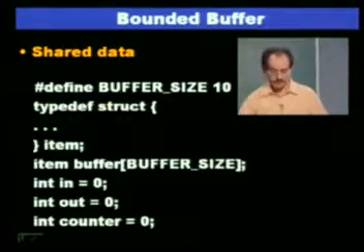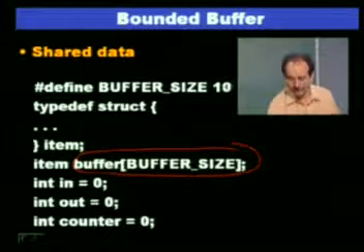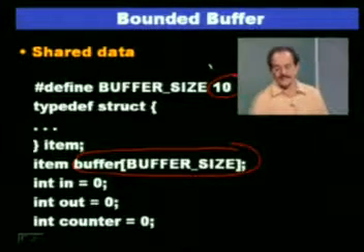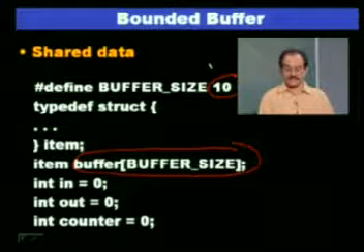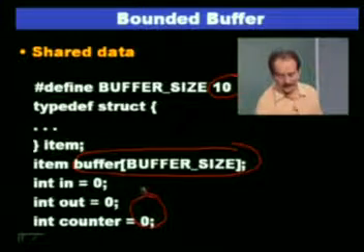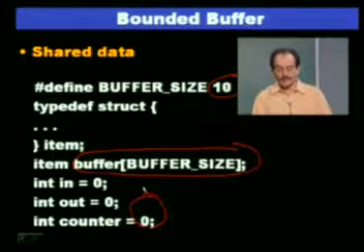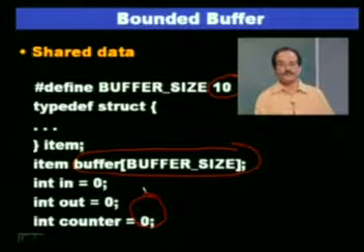Maybe this is what my bounded buffer will look like. I will have some sort of a buffer, a bounded buffer of fixed size, and I have got a counter. What is my counter doing? The moment I add one item to this, it will increment it. The moment it is consumed, it will be decremented.